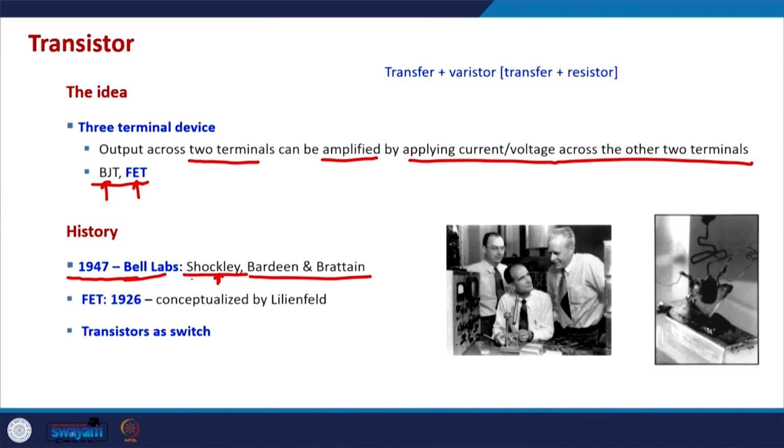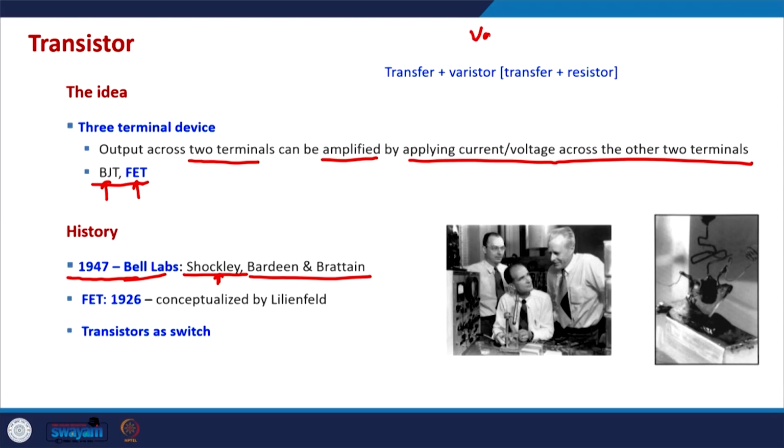So it took around 350 years from the formal study of electricity and magnetism to the invention of the transistor in 1947. And the immediate precursor of the transistor is the vacuum tube technology, and this is just a bit of history.